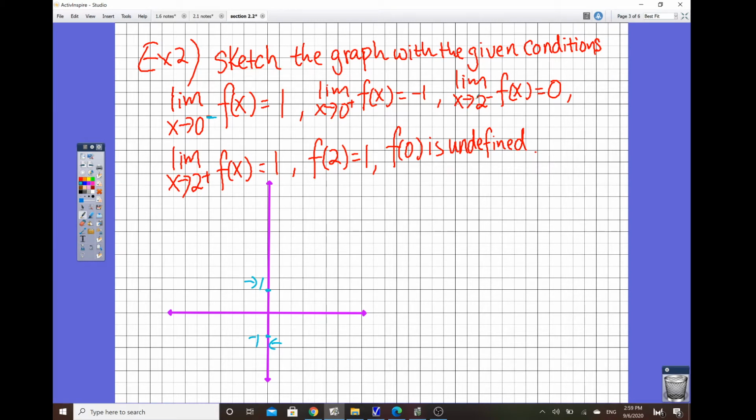And then the limit as x goes to 2 from the left, f of x is 0. So at 2, right here, the limit is considered 0 from the left-hand side. That means approaching from the left here. So that's 0. And then the limit as x goes to 2 from the right-hand side, that's 1. So we've got to be very careful. We do have 2 different positions here. One is 0 when x goes to 2 from the left, and the other is 1 when x goes to 2 from the right.